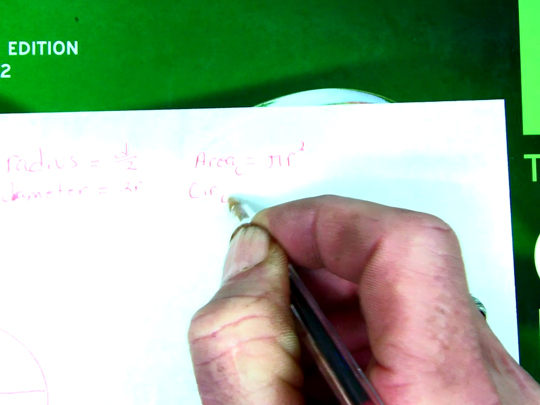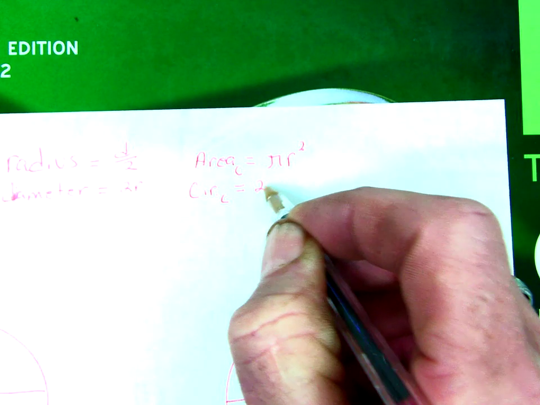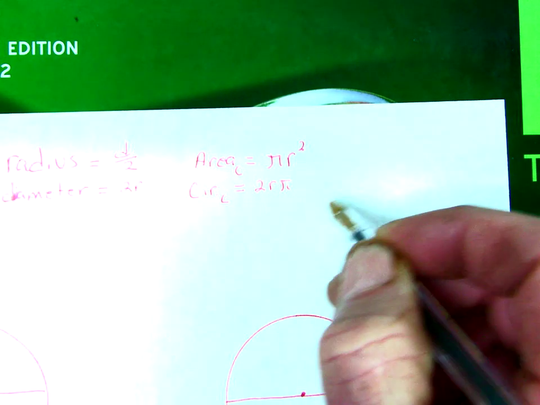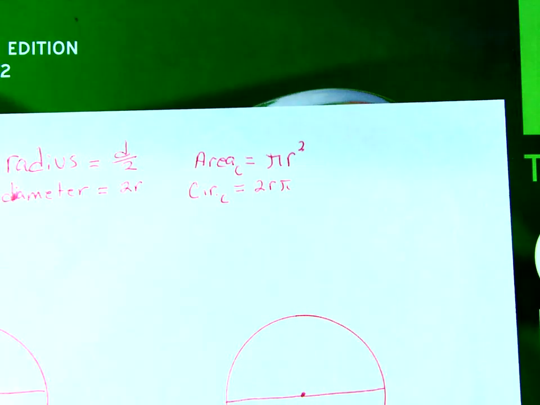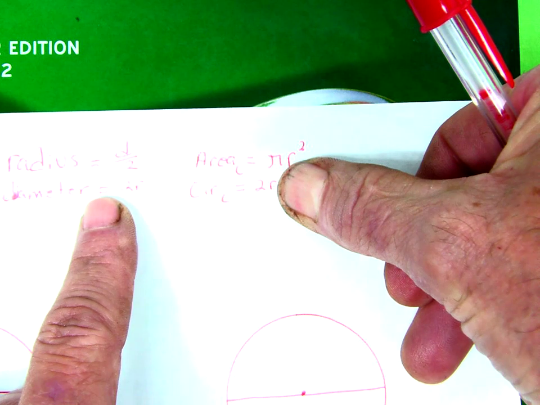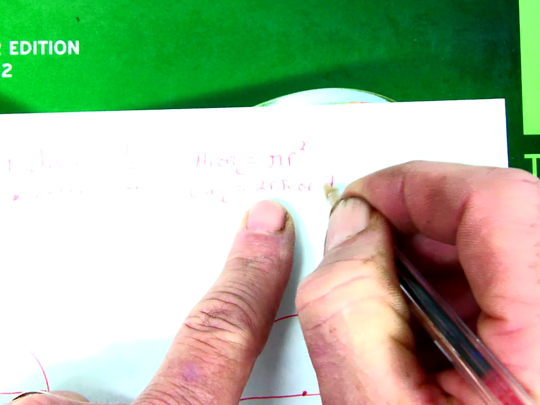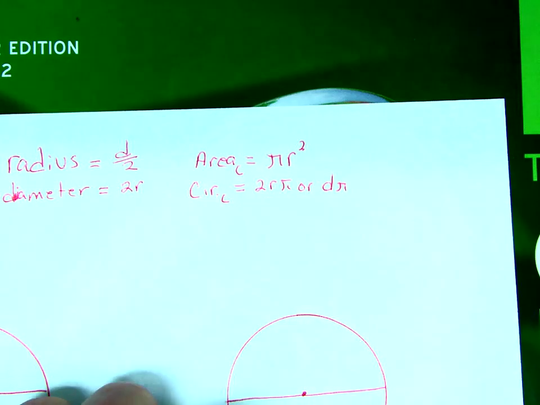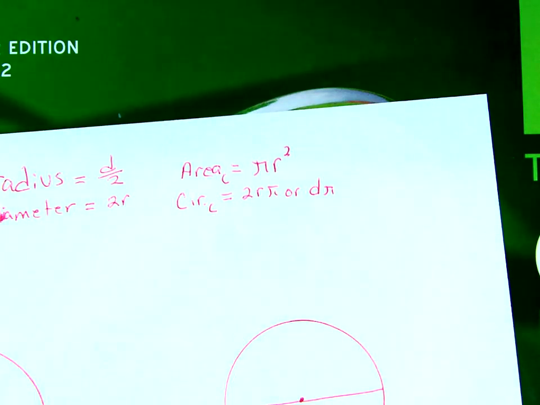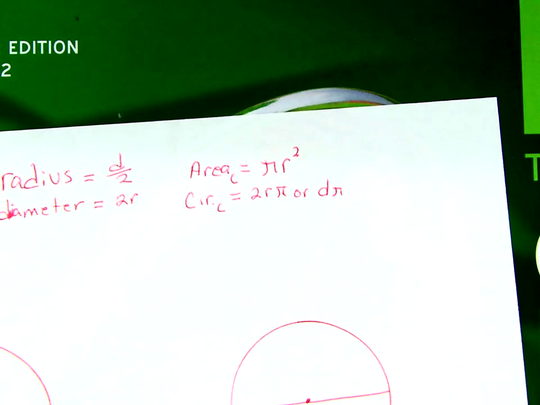The circumference of a circle is 2 times the radius times pi, or, since 2 times the radius is the same thing as diameter, diameter times pi. So for circumference, we can use either the radius or the diameter. It doesn't matter, just whichever one they give us in the exercise.